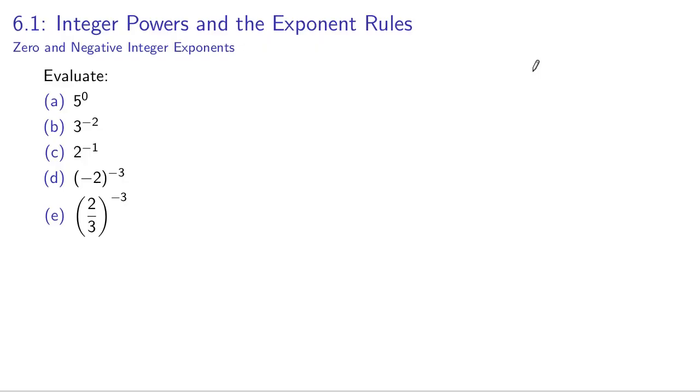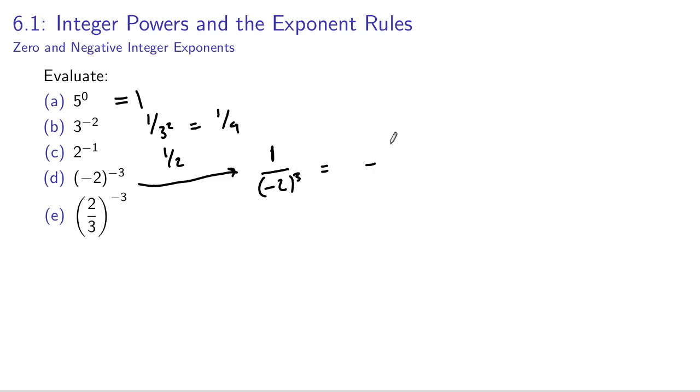So let's practice. 5 to the 0, well, remember any number to the 0 other than 0 is 1. 3 to the minus 2 is the same as 1 over 3 squared, which is 1/9. 2 to the minus 1 is the same as 1 over 2, or 1/2. Here we have minus 2 to the minus 3, which would be the same as 1 over minus 2 cubed, which is negative 1/8.